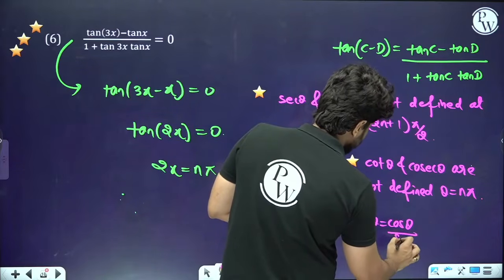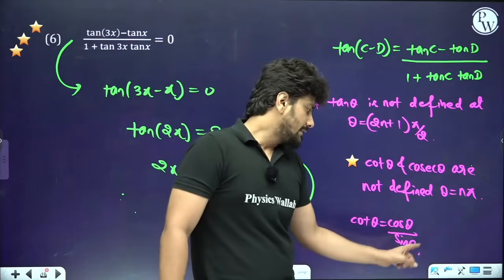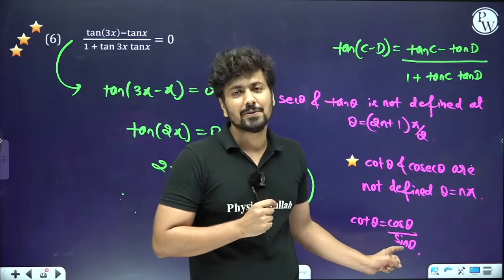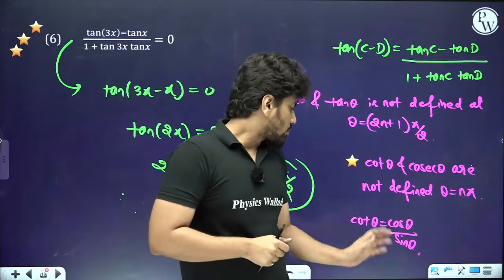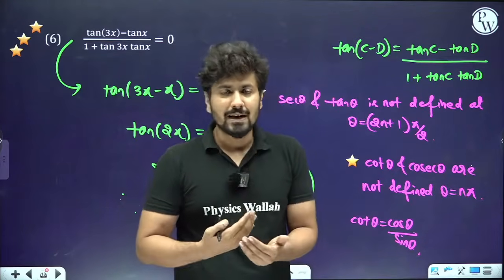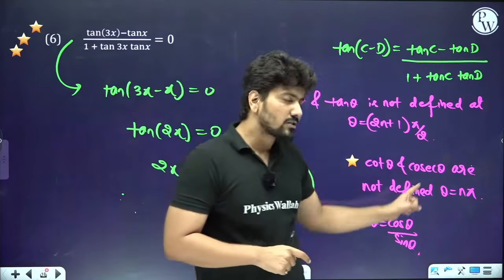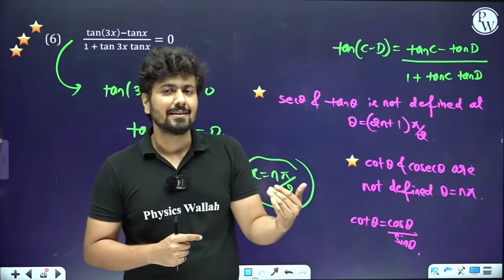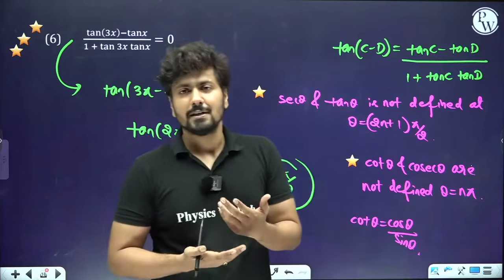Everybody knows that? What happens at n pi? At n pi, this denominator, sin theta, becomes 0. So cot theta naturally will not be defined for theta is equal to n pi. In the similar way, cosec theta will not be defined at theta is equal to n pi, because cosec theta is 1 upon sin theta. And then again, sin theta becomes 0 at theta is equal to n pi, so it will not be defined.